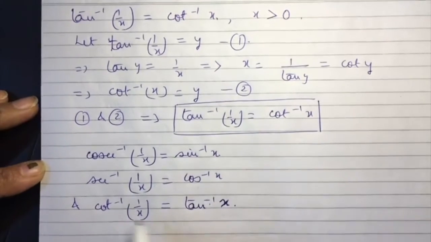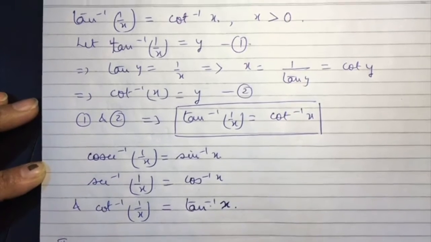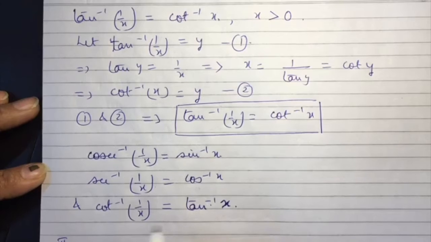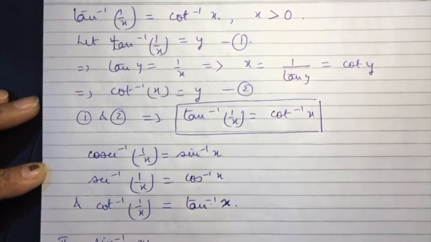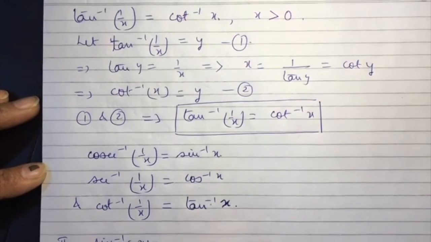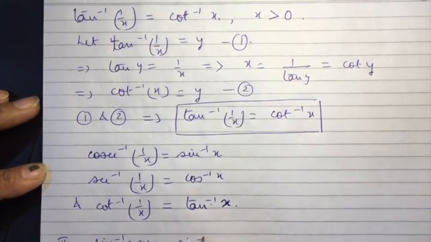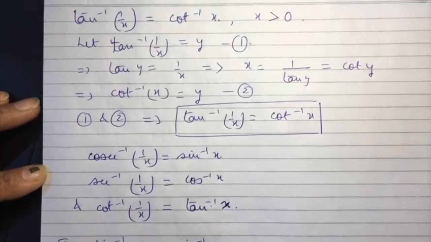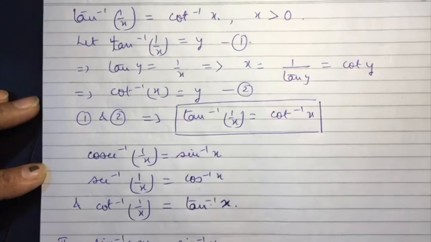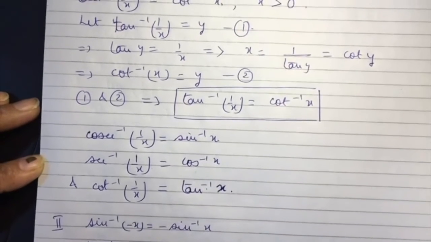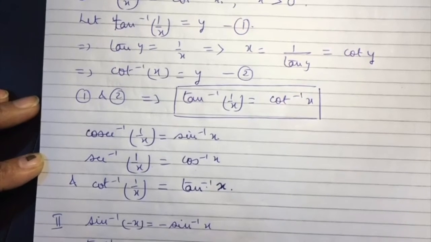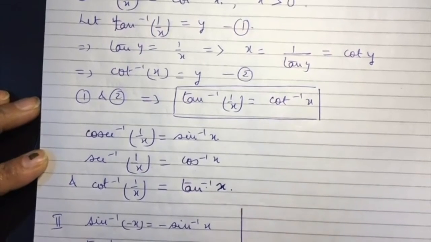Okay, so now let's come to the next set of properties. Now here you will see a segregation, that is we have sin inverse minus x is minus sin inverse x, tan inverse minus x is minus tan inverse x, cosec inverse minus x is minus cosec inverse x.